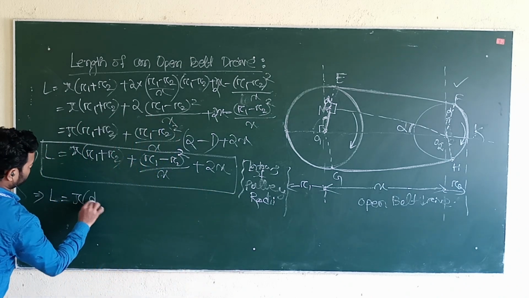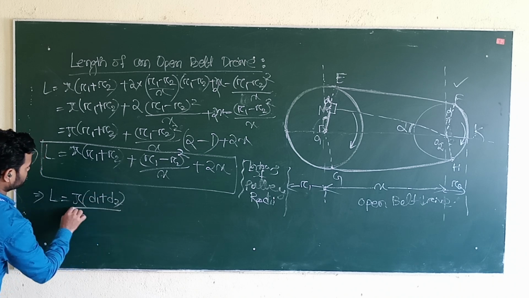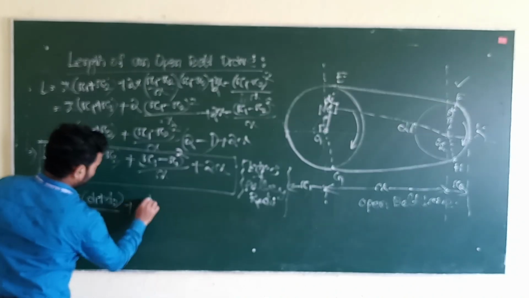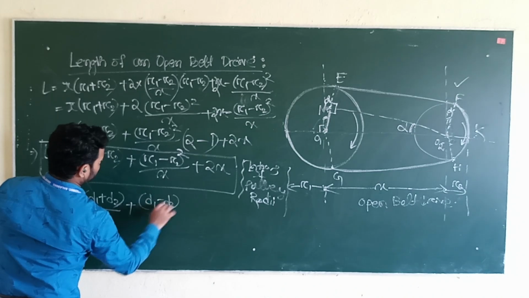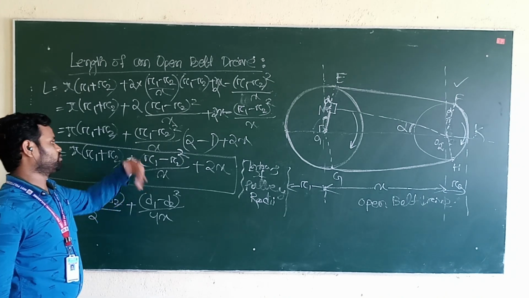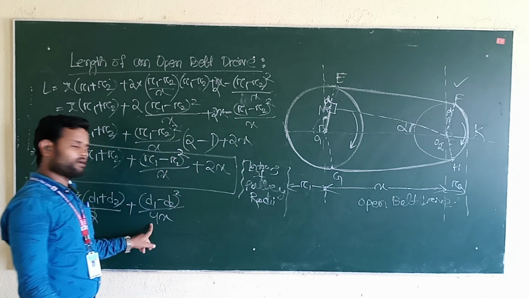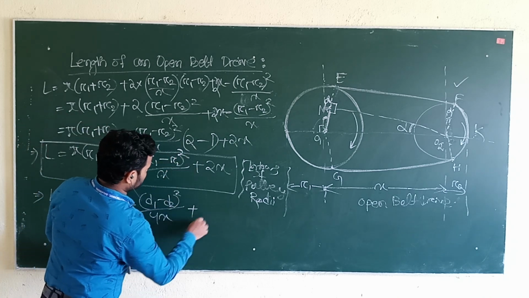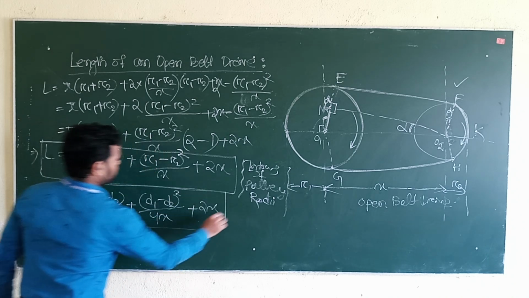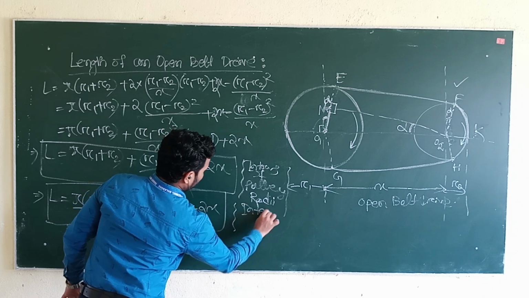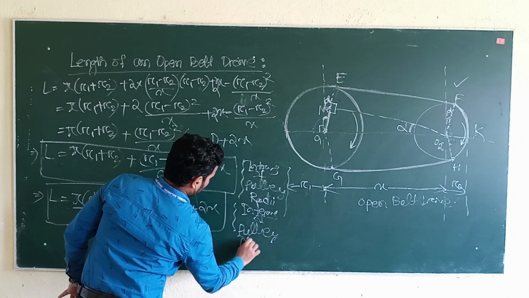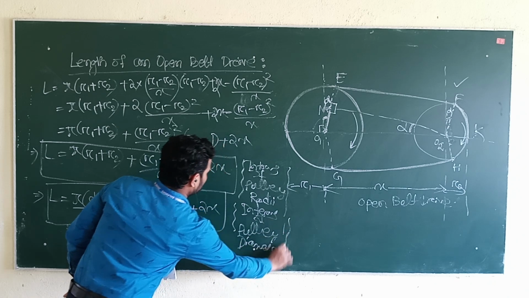So pi d1 plus d2 divided by 2, plus d1 minus d2 square by 4x, because r equal to d by 2. So half square is equal to 1 by 4, plus 2x. So write that in terms of pulley diameter.